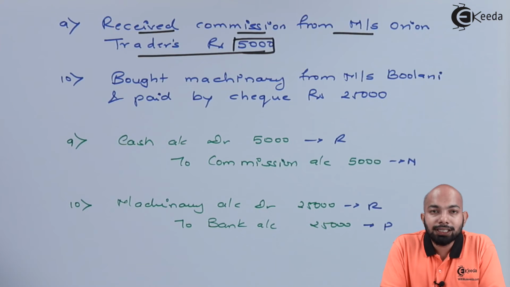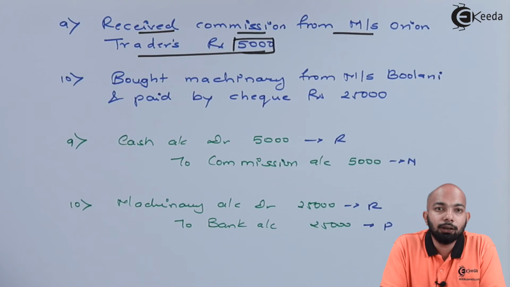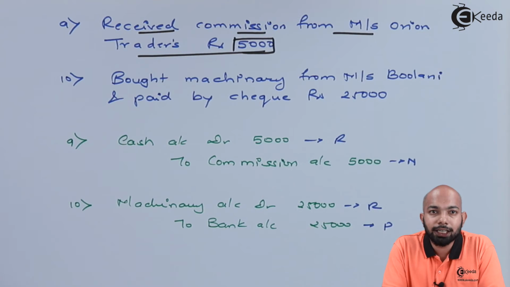So debit the receiver, credit the giver, debit what comes in, credit what goes out, debit all expenses and losses, credit all incomes and gains. That means personal, real and nominal have all been mentioned. Now commission is an income, hence it falls under the category of commission account. Who's the receiver and who is the giver is something we'll check once we complete all the transactions. Let's go ahead and figure out the next transaction.